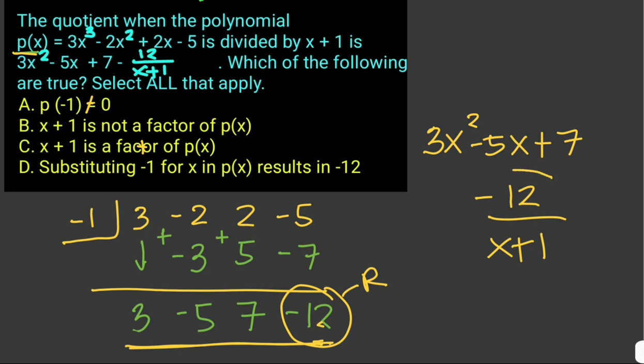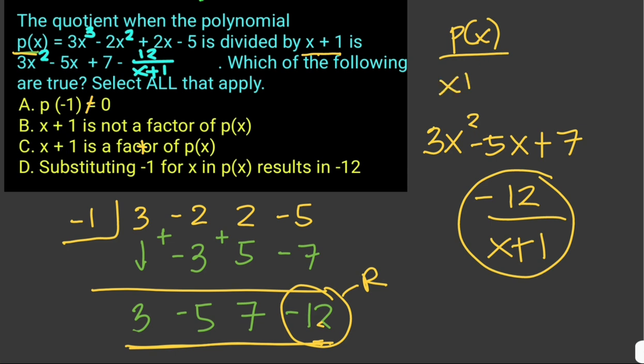That's why we wrote it as negative 12 divided by x plus 1, which is the divisor. Now we've already proven that p of x divided by x plus 1 is equal to 3x squared minus 5x plus 7 minus 12 over x plus 1.